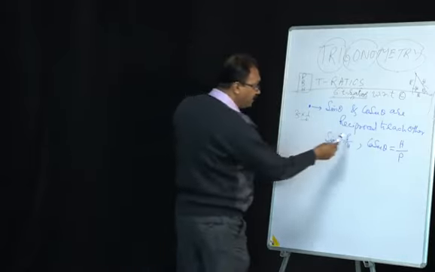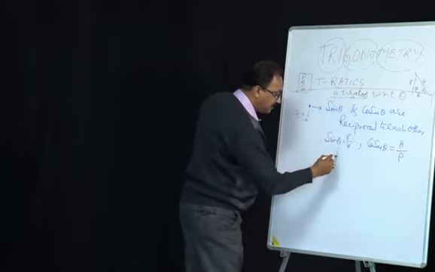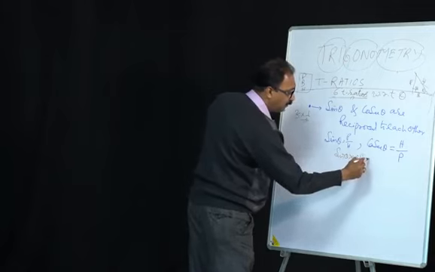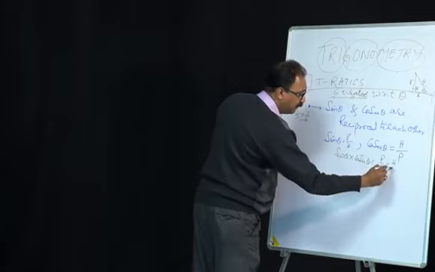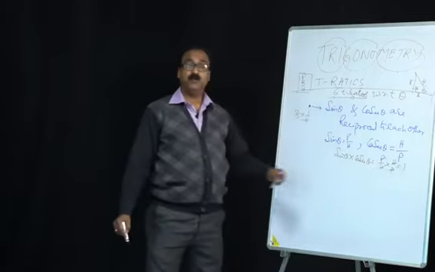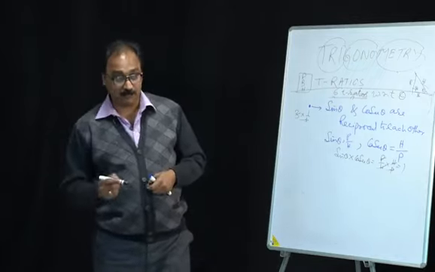Like here, sin theta into cosec theta is equal to P by H into H by P. P cancels, H cancels, you'll get 1. So this is also one of the important points: sin theta into cosec theta is 1.